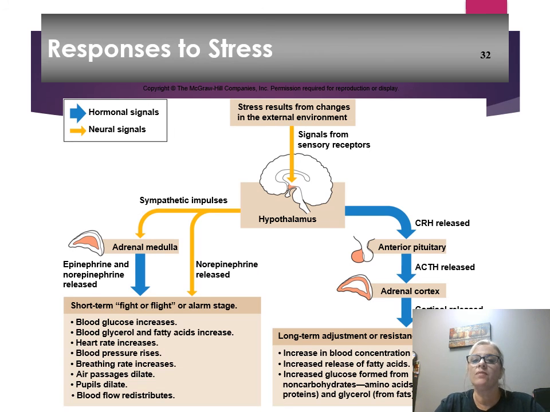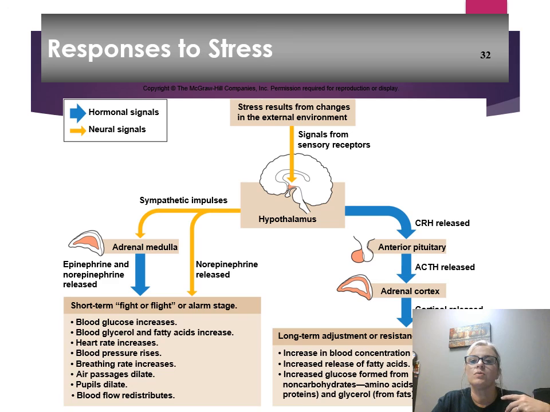During a stressful event, whether psychological or physical, the hypothalamus helps prepare the body for that fight or flight syndrome. It triggers sympathetic impulses to go to various organs. It also stimulates the release of epinephrine, which intensifies that sympathetic response.